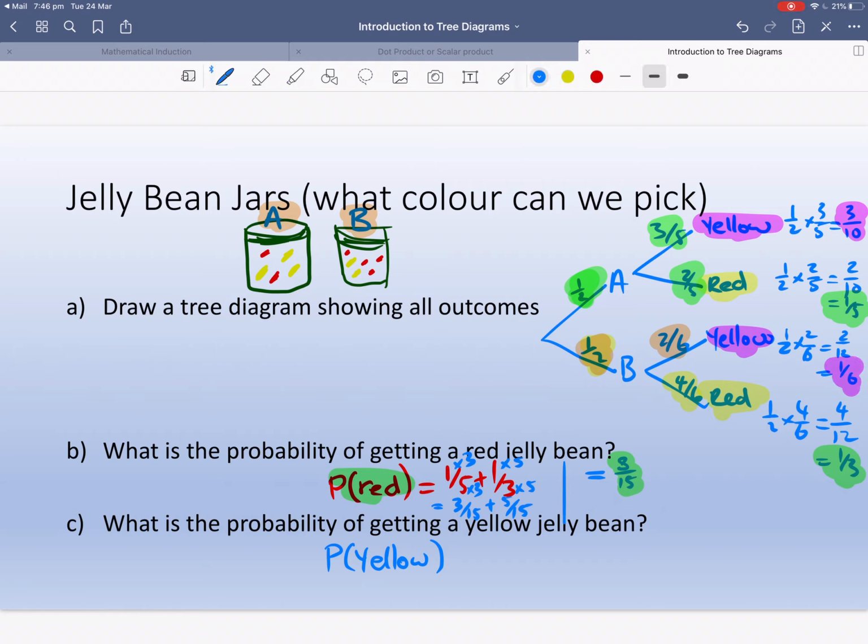So let's have a look at that. So that's going to be 3 over 10, so I'm looking at the pink ones, plus 1 over 6. Okay, so this one I am just going to put in my calculator because last time it took me too long.